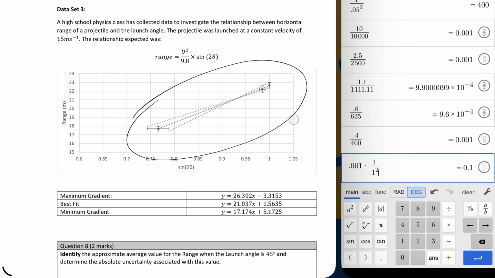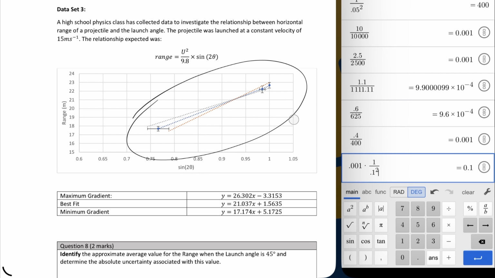So I'm going to start with my range, let's call it S of x, and that's going to be equal to some gradient with uncertainty times my x-axis, which is sine of 2 theta, plus, and this is bad exam technique, but there'll be some y-intercept. And I've gone outside my working box here.